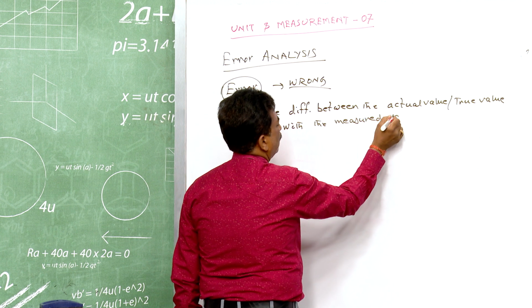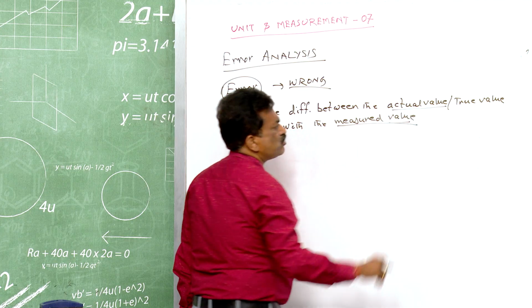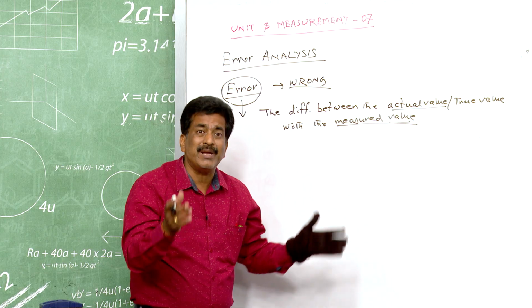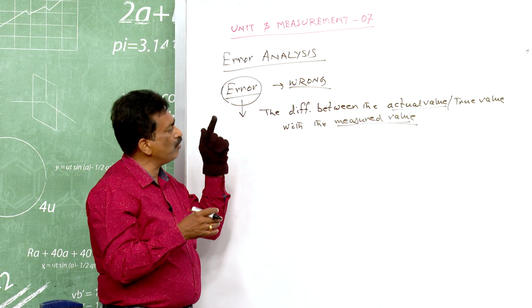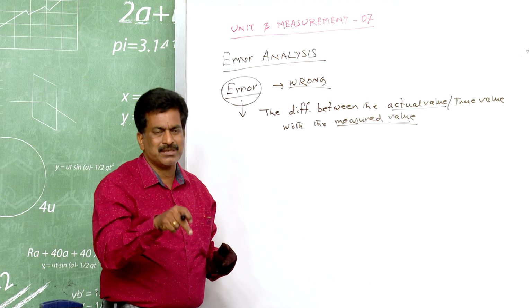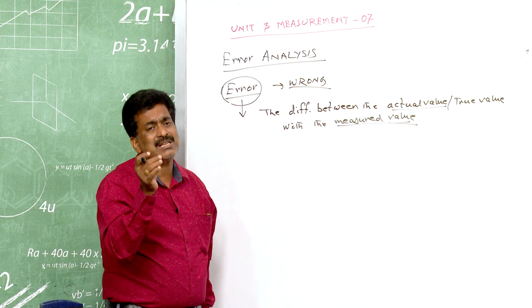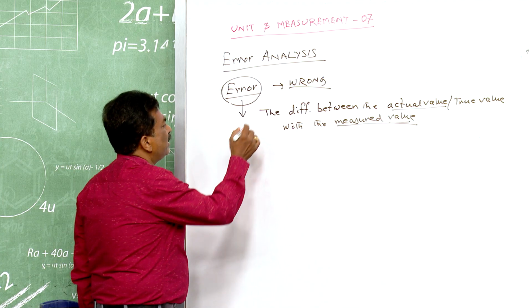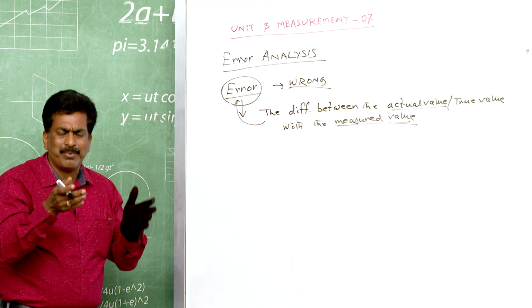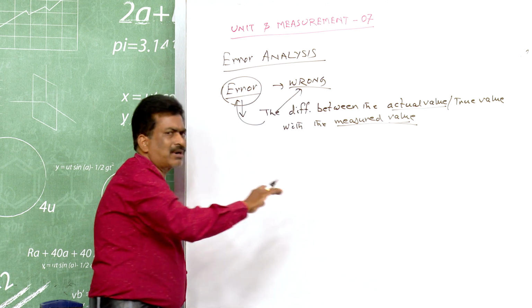There are two things, actual value or true value, and its measured value. Means what was its value, but what we measured. If there is a difference, and if it is very negligible, then that is called the error, and if that difference is much more, then we say that is wrong.